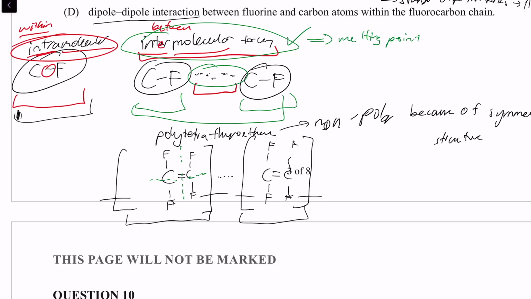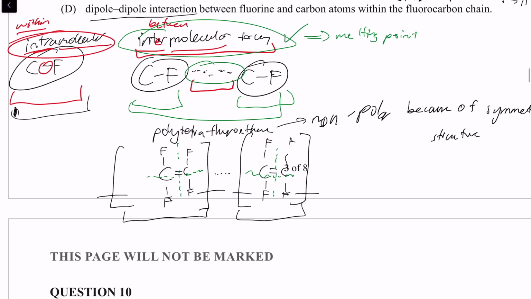There's no polarity between the C's and F's because they equalize each other on both sides, from left to right and also top to bottom. We have two F's on either side, and the carbons are split, like how you want it to.